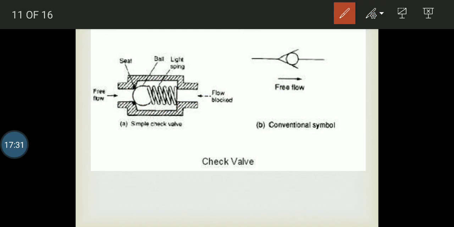This is called a simple check valve. Okay, check valve is actually checking the intensity or the magnitude of the required flow which is to be discharged from the second section of the component. Okay, so this is completely a second type of valve which actually deals with the required discharge of the flow.